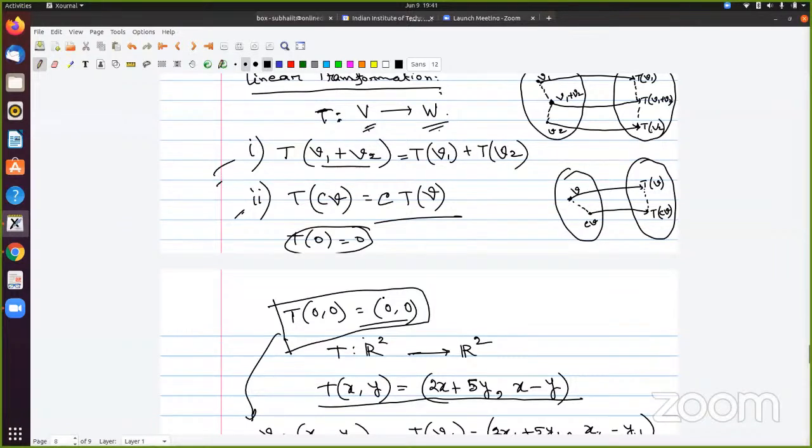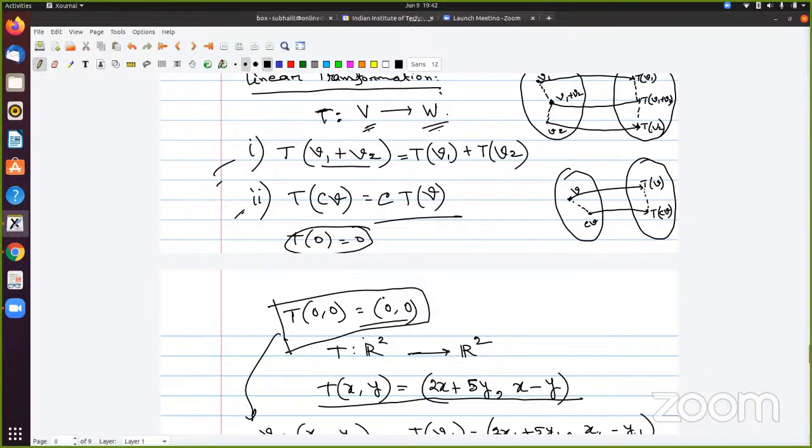And a linear transformation is a mapping from one vector space to another vector space. Exactly. These two properties should be satisfied. And if these two properties are satisfied, then 0 must go to 0.